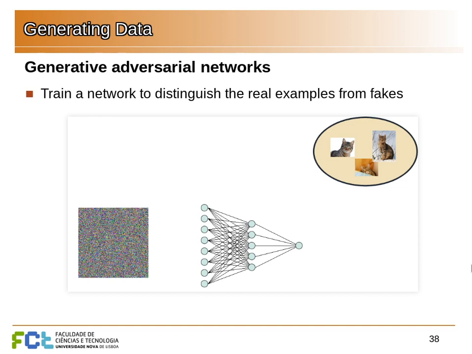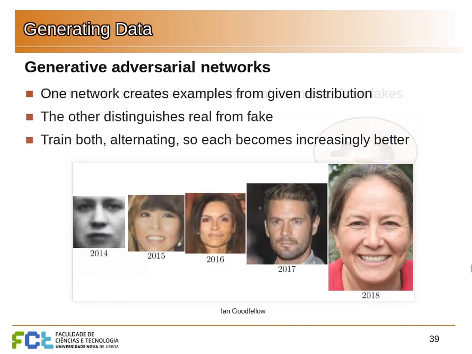As one improves in the quality of generating the data, the other needs to also improve in the way of discriminating between them. So this has progressed a lot through the years, and in the beginning there were some experiments in creating faces, for example, but nowadays the faces look very realistic, and it's very easy to generate faces of fictional people by the generative adversarial networks that have been trained, one to generate images and the other to decide if it's the face of a real person or if it's a fake image generated by the network.